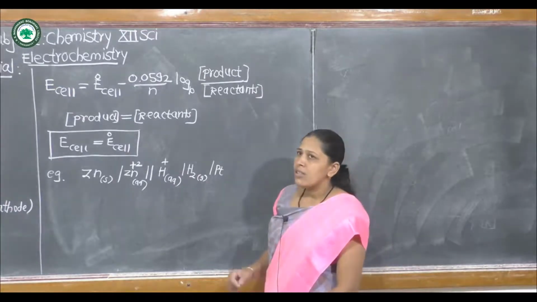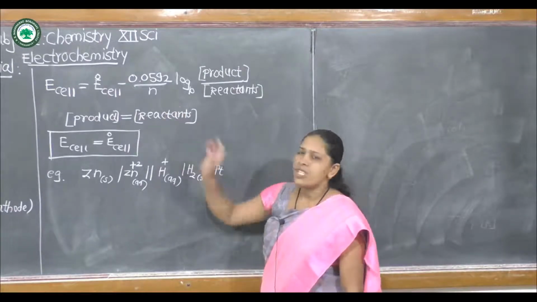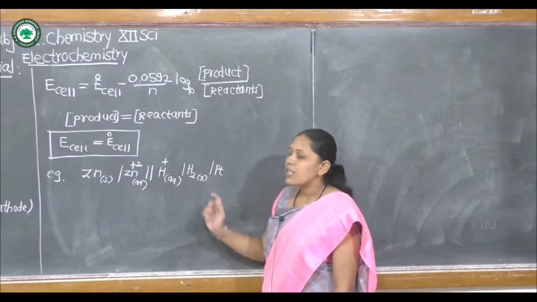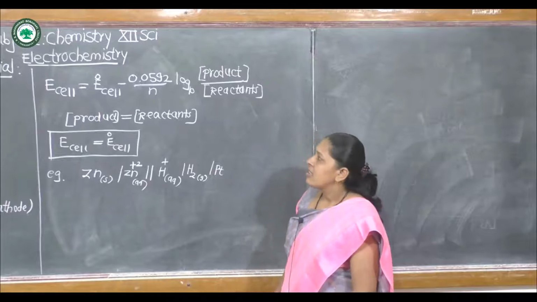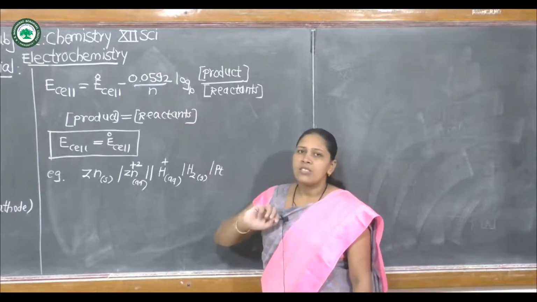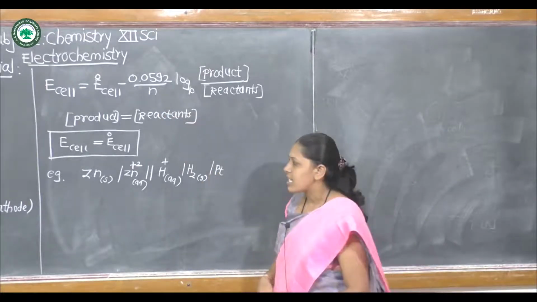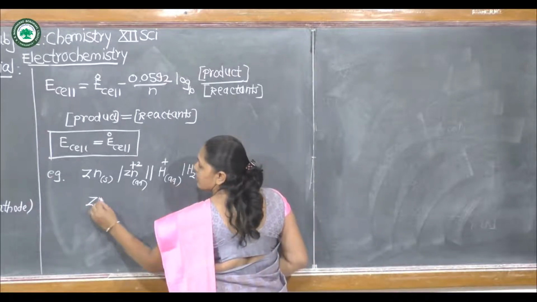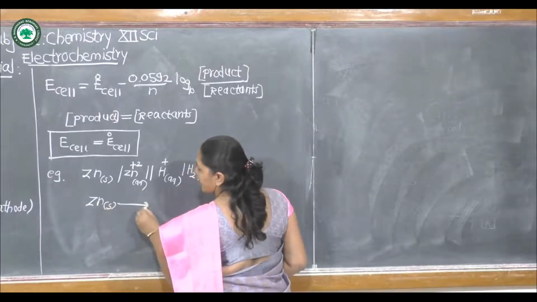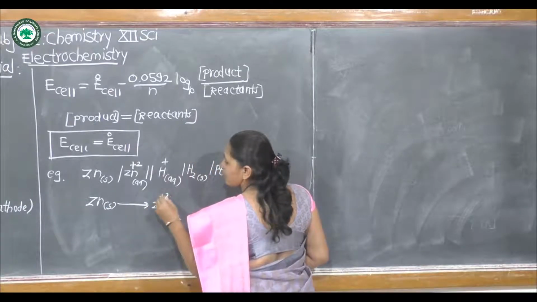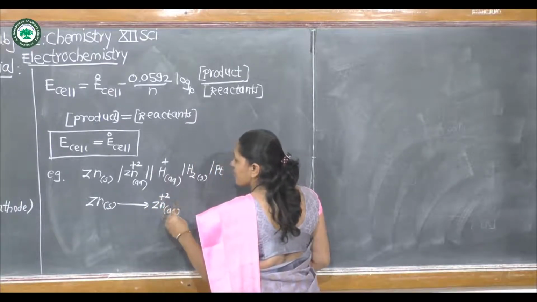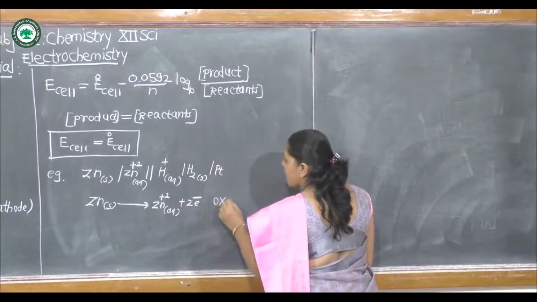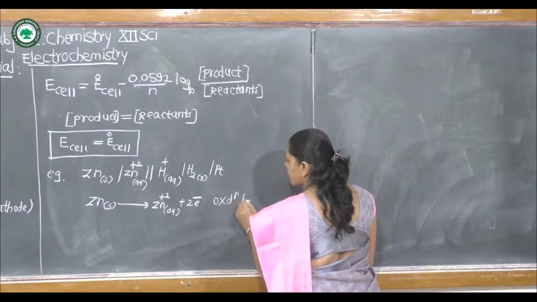First of all, we have to calculate the value of N, that means the number of moles of electrons involved in this electrochemical reaction. For this value of N, we have to write the cell reaction. First of all, zinc gives zinc plus 2 plus 2 electrons. This is the oxidation half reaction.